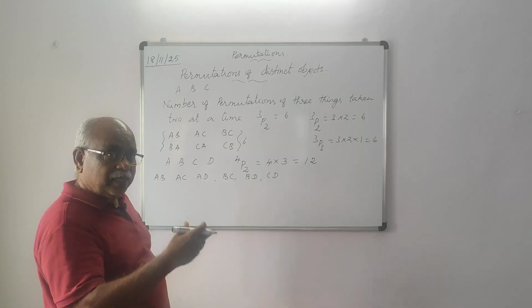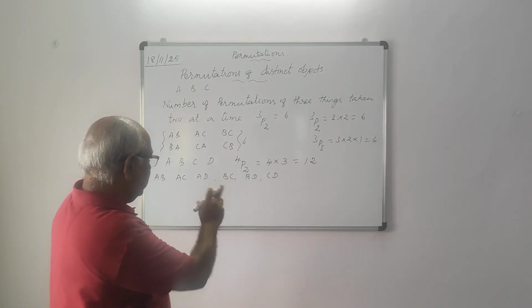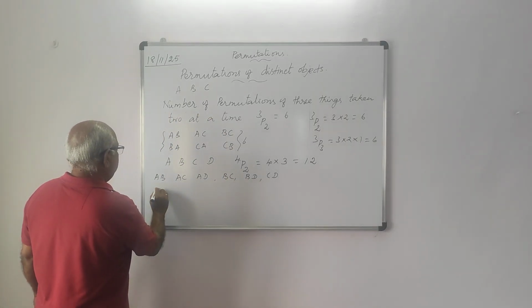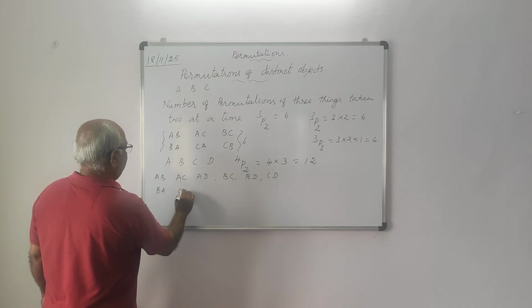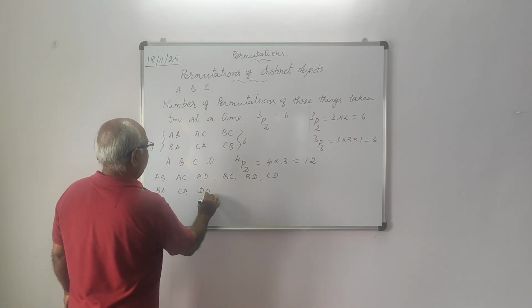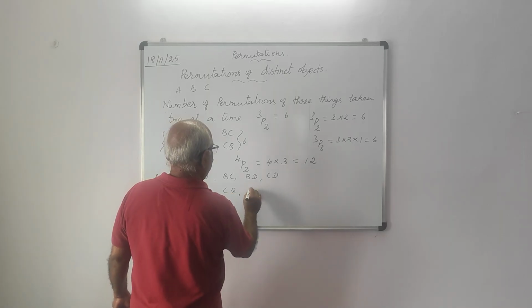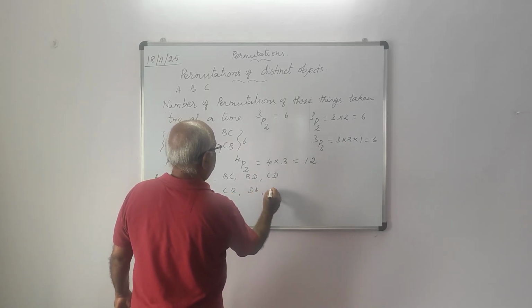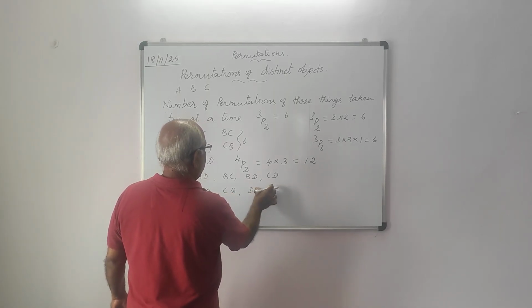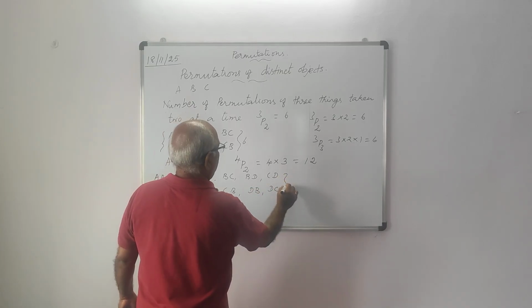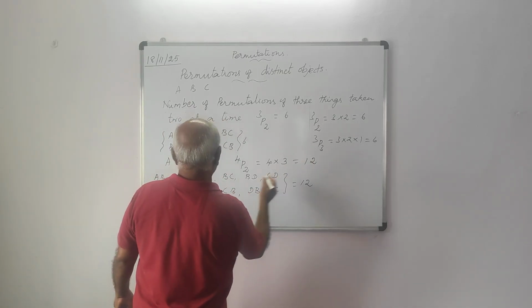And these 6 things are rearranged once again, taking reverse order: BA, CA, DA, CB, DB and DC. Totally 12 ways.